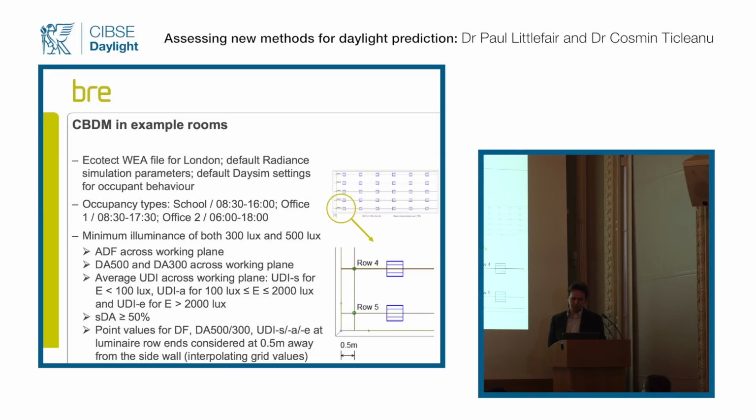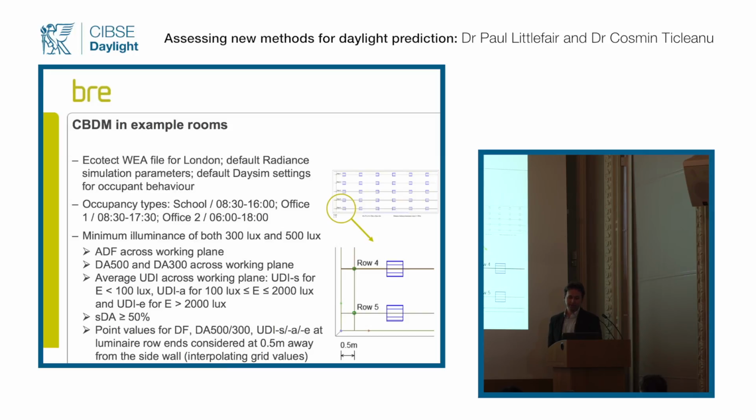and because we considered that it is relevant to look at the ends of luminary rows, which basically is more realistic to consider if you want to determine the energy savings for lighting systems that use photoelectric controls. We also calculated the point values for the daylight factor, the DAs and UDIs at luminary row ends.